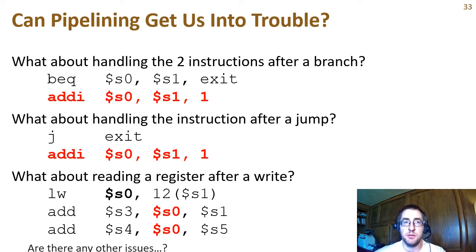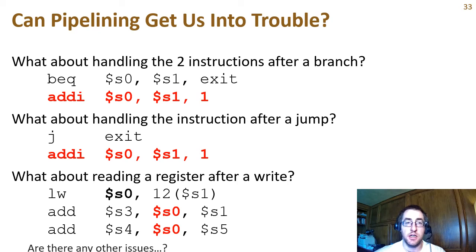And then it can also be a big problem if we need to read from a register after it's been written to. This is called a read after write dependency. It's on the bottom here. So we see that we have this load word instruction that's going to load the value from the base register S1 plus the displacement of 12 bytes. And it's going to load that value and write that into the S0 register. Well, it's going to write that value in the write back stage.